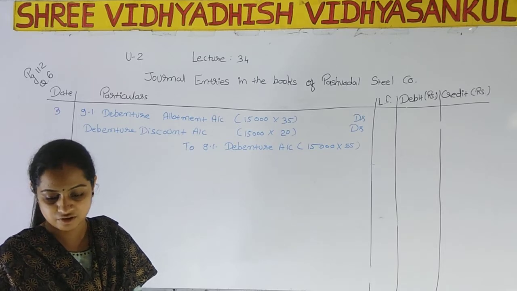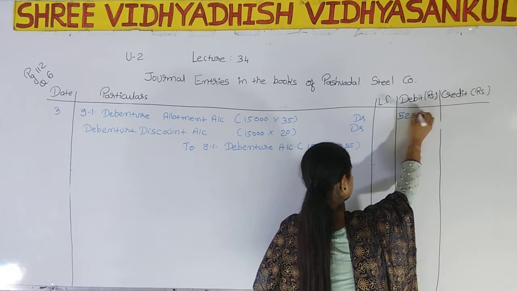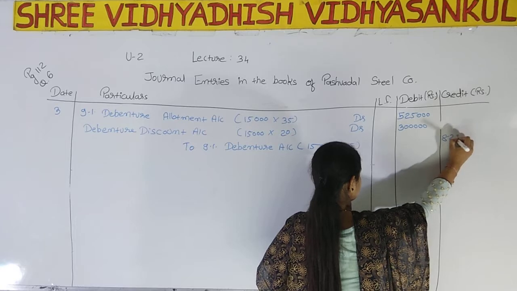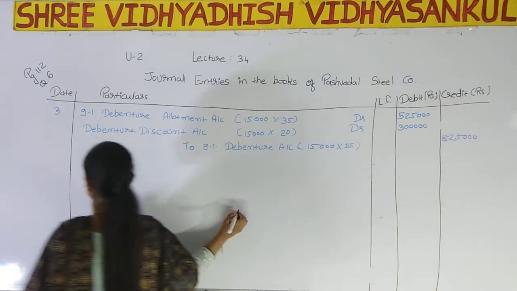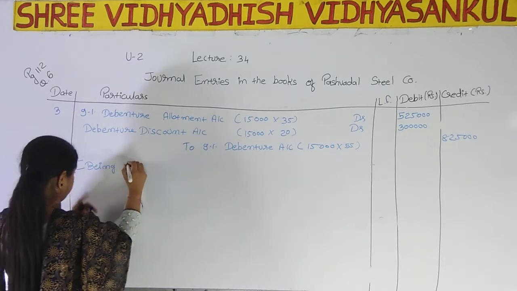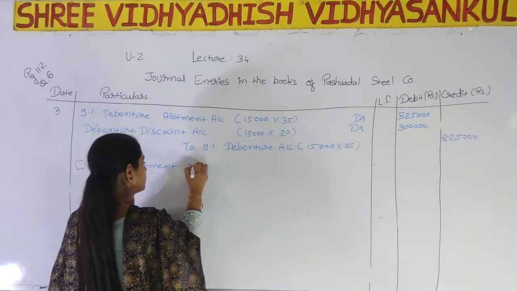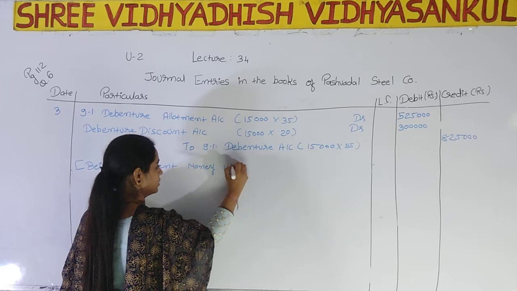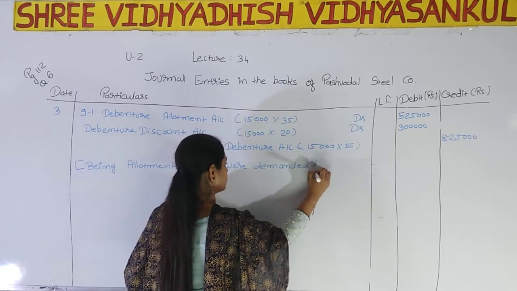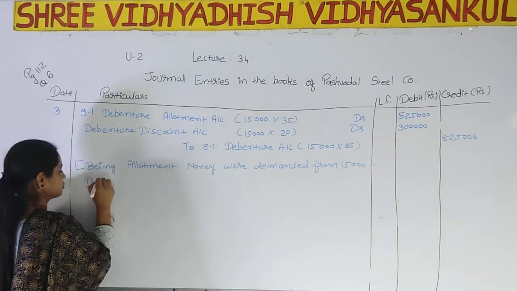The entry will be 5,25,000 and 3 lakh, 8,25,000. In the bracket we have to write: Being allotment money were demanded from 15,000 debenture holders.